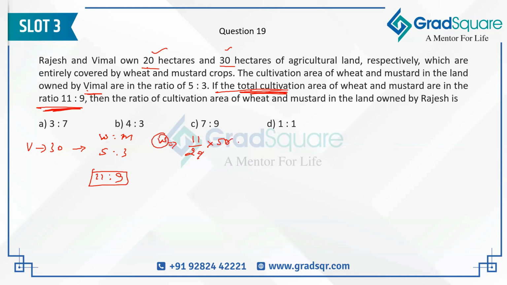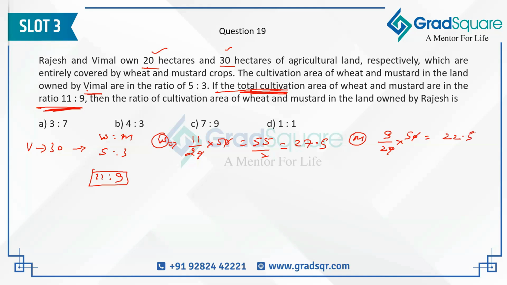That is 55 divided by 2, which is 27.5. This will be the total wheat area. What will be the total mustard area? The total mustard area will be 9 by 20 of 50, which is going to be 22.5, right?